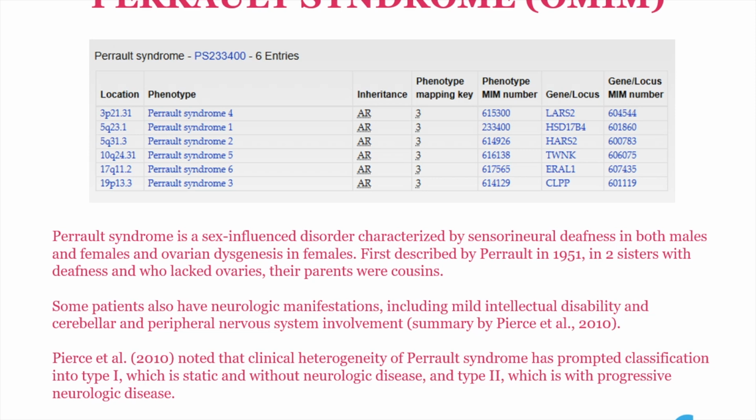So he decided that we need to classify Perrault syndrome into type 1, which was static, non-changing, without neurologic disease, and type 2, which is progressive neurologic disease. And I will also say that just because you have a child that's been diagnosed with Perrault syndrome, it does not mean that they will have all of the manifestations of what you read about. All of these disorders are heterogeneous and variable.